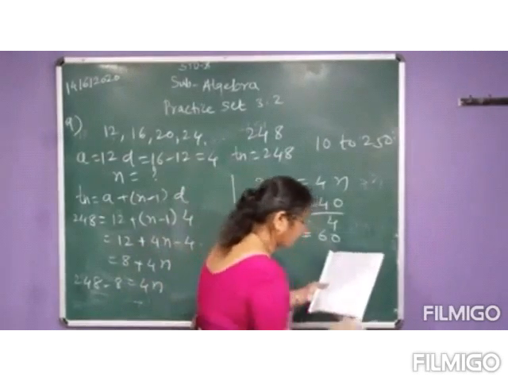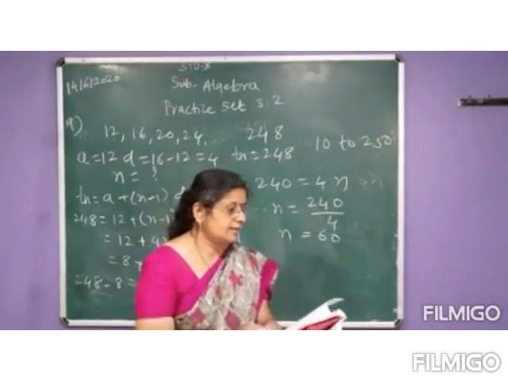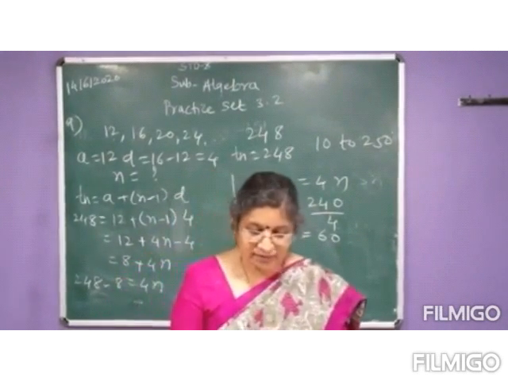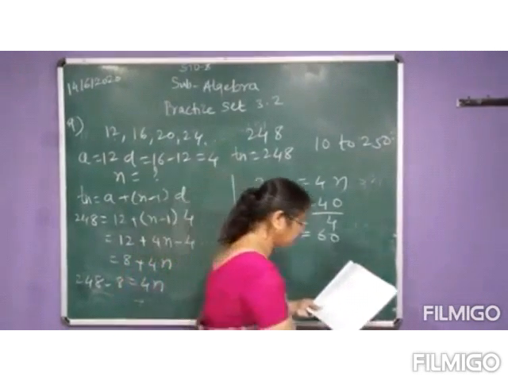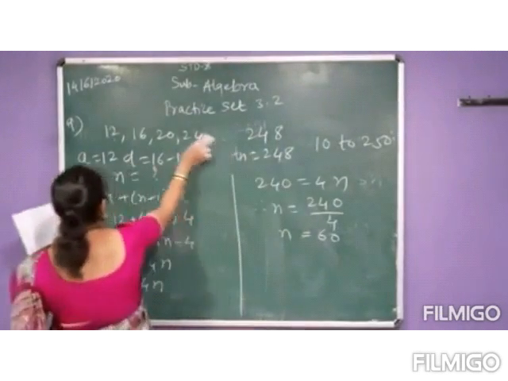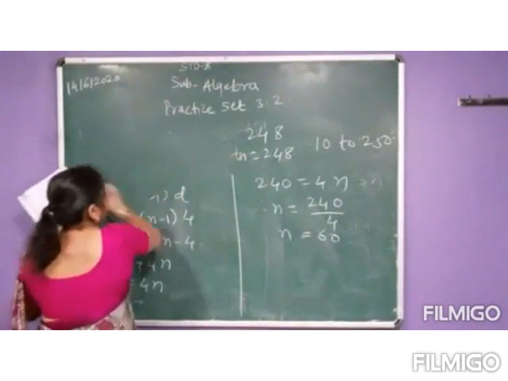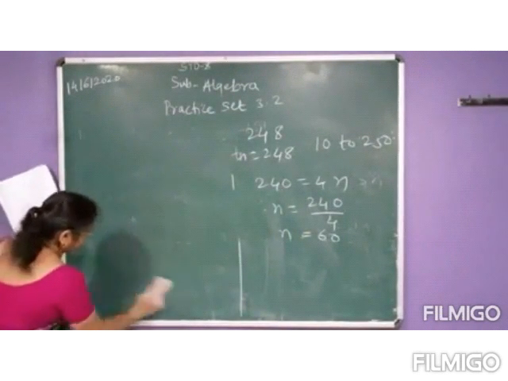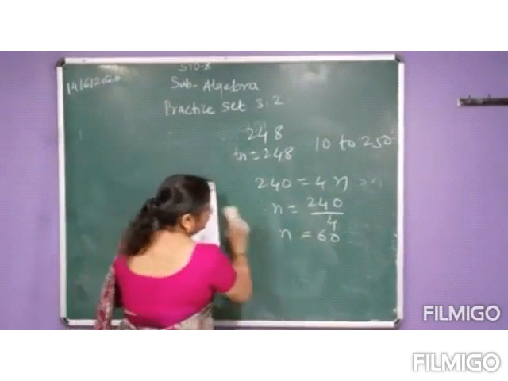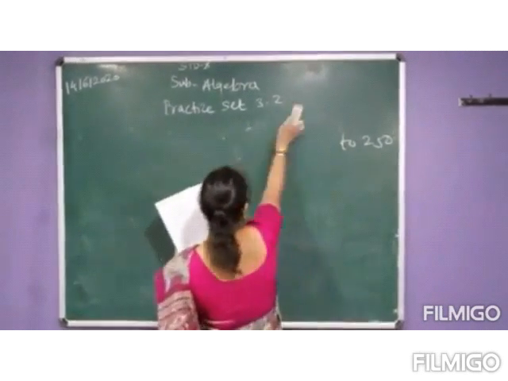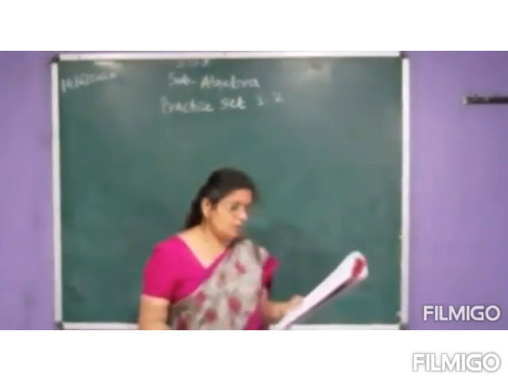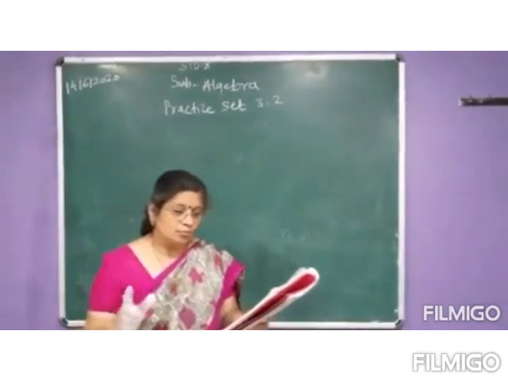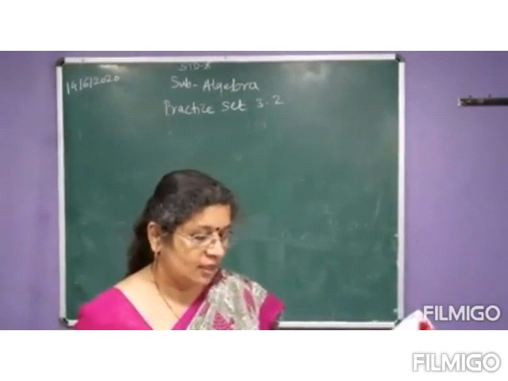Now the last example of this exercise: the 17th term of an AP is 7 more than the 10th term. Find the common difference. The last example of this practice set, that is the 10th one. The question is, the 17th term of an AP is 7 more than the 10th term.